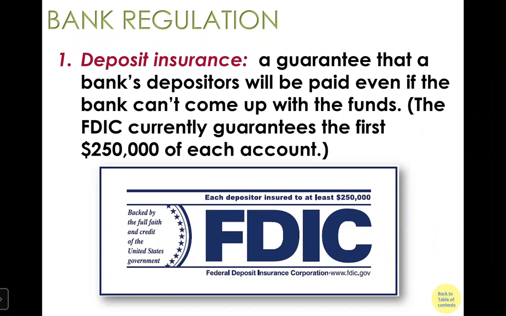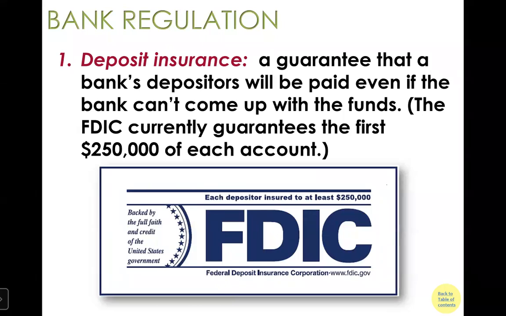Right? So this bank regulation includes the following four measures. First is called deposit insurance. So what's deposit insurance? These days, if you go to any legal bank, meaning the bank is registered at the central bank, usually there's a sign on their counter.